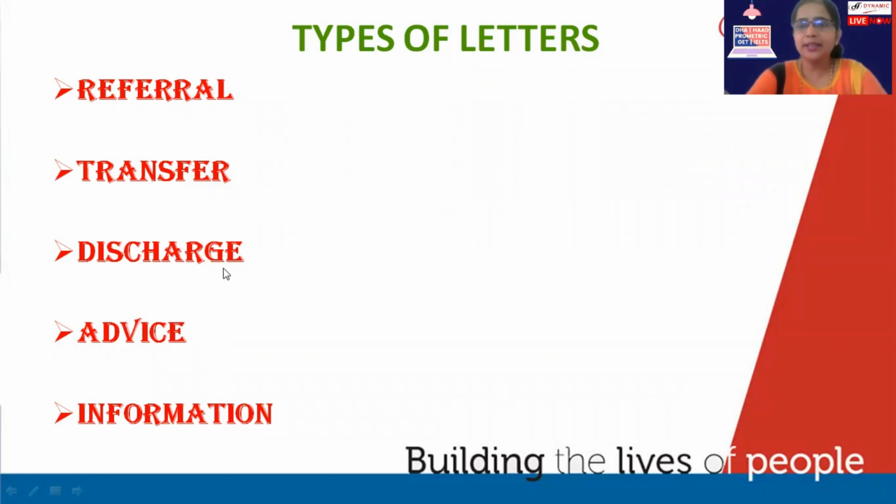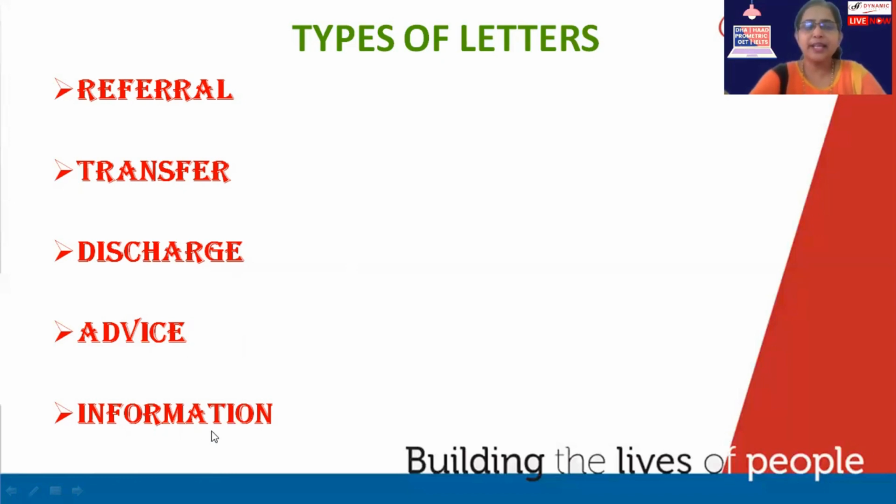Then a discharge letter is written when the patient is going back to the place from where he came to your facility. Usually the patient will be going back home, or the patient may be going back to a nursing home or a retirement home, etc. An advice letter is written mostly to a caretaker, like parents or the son or daughter of a patient, where you want to advise the caretaker about the care of your patient.